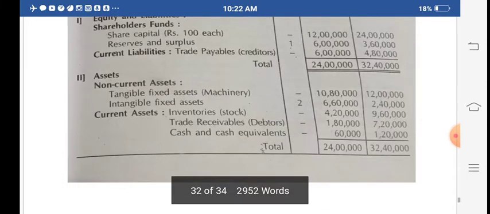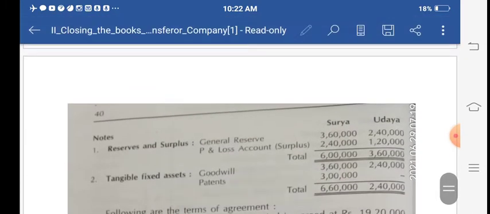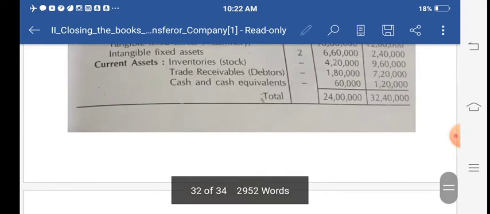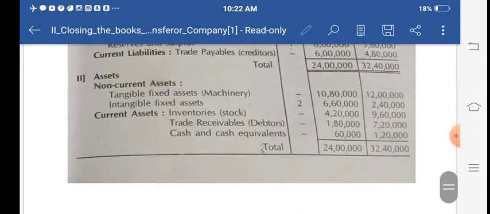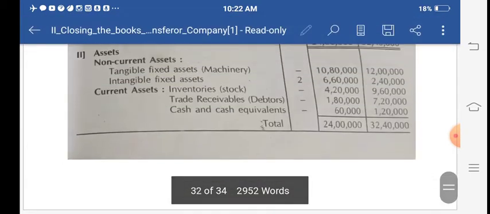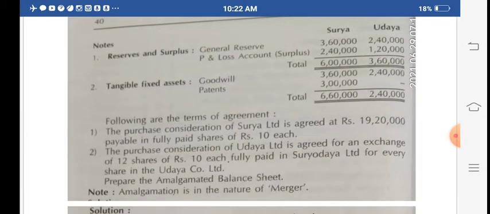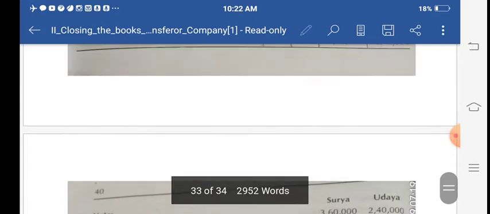Note number 1 relates to reserve and surplus: general reserve and profit and loss account for both companies. Note number 2 relates to the tangible fixed assets, and the intangible fixed assets, goodwill and patents. So these are the notes and this is the balance sheet.